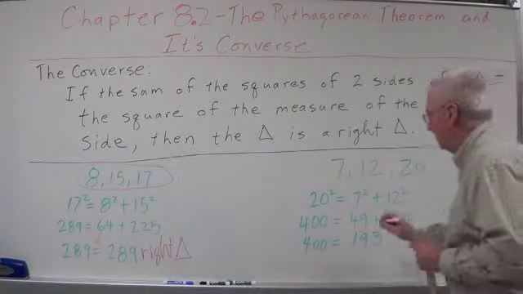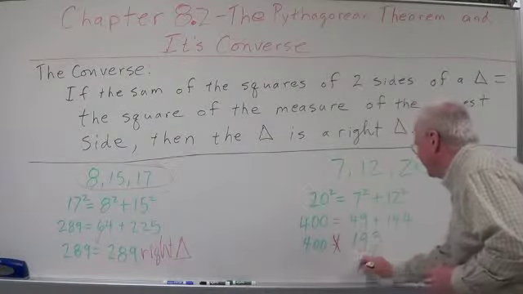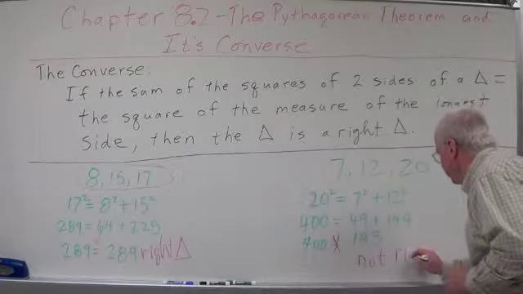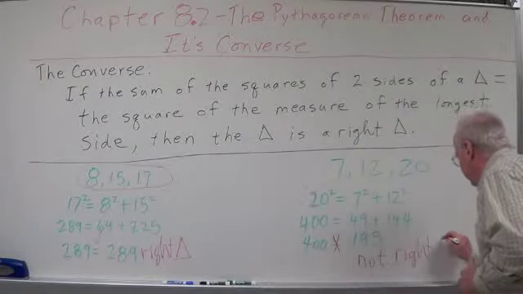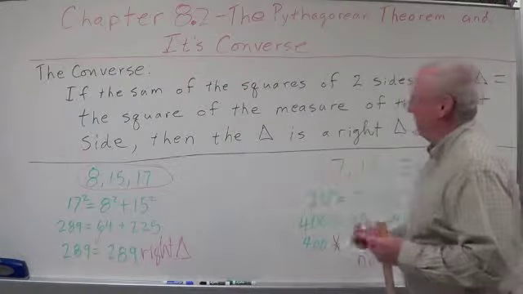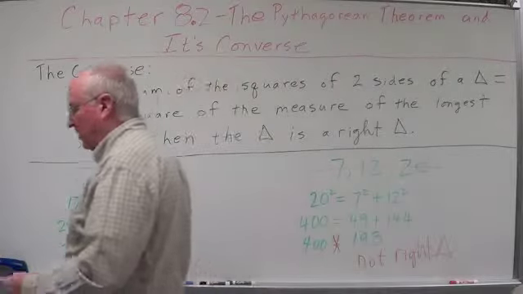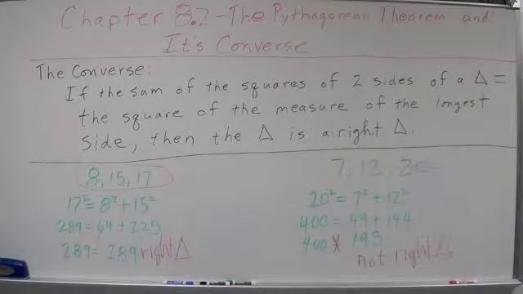That doesn't work, so this is not a right triangle. And that's basically what the converse does: it lets us take three numbers and determine whether or not they are a right triangle. Now, what I want to do next is show you something a little different about this converse.